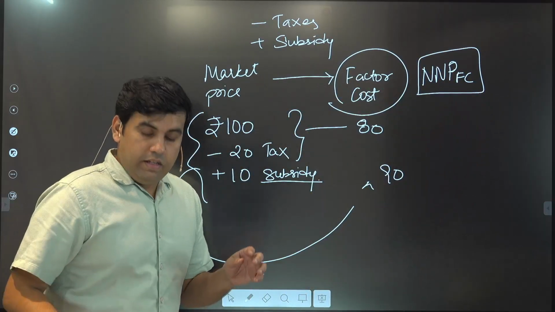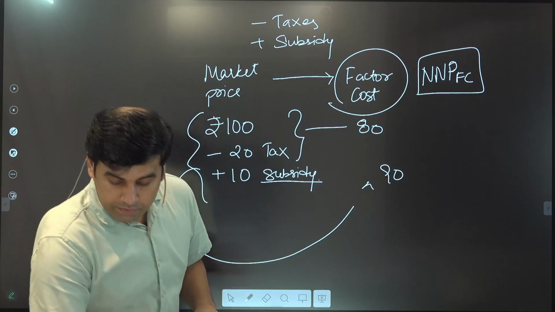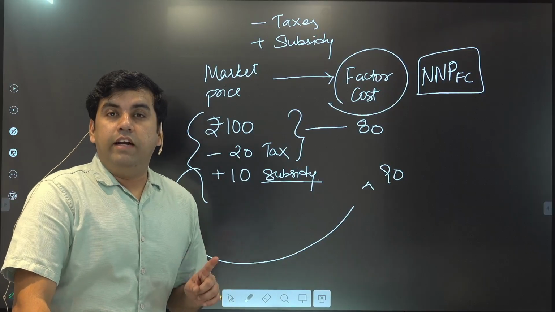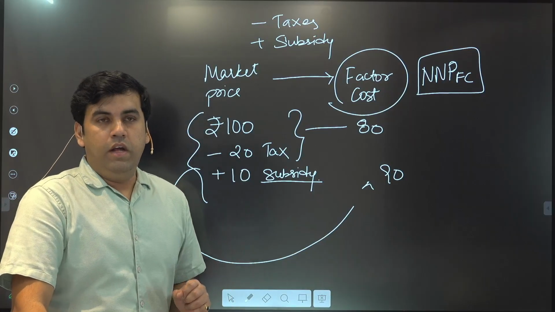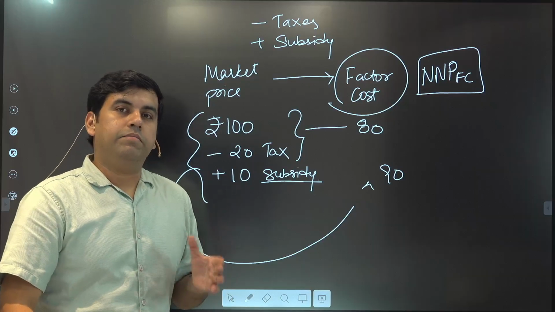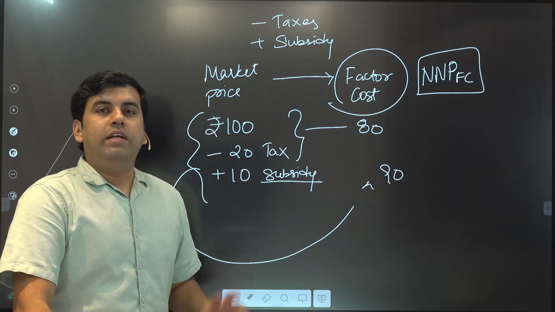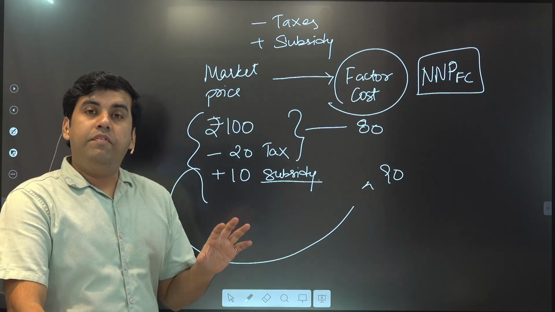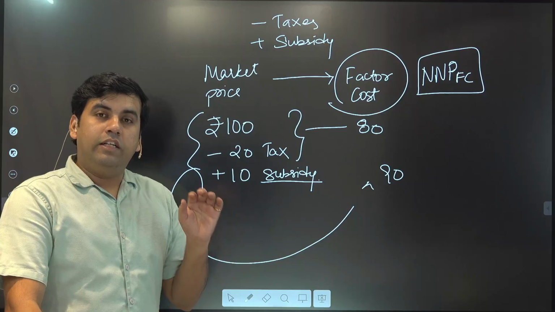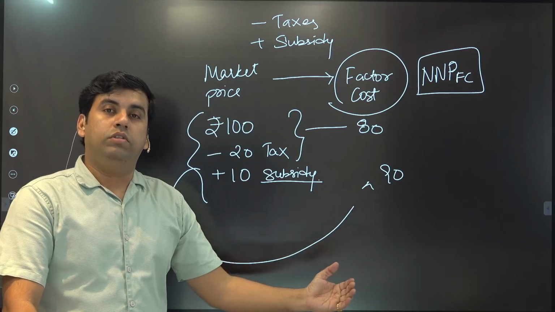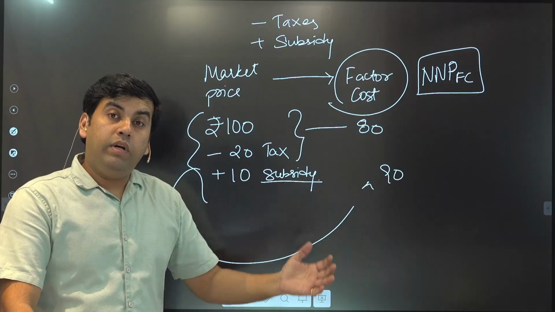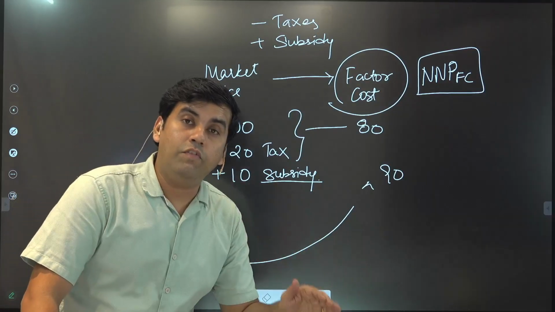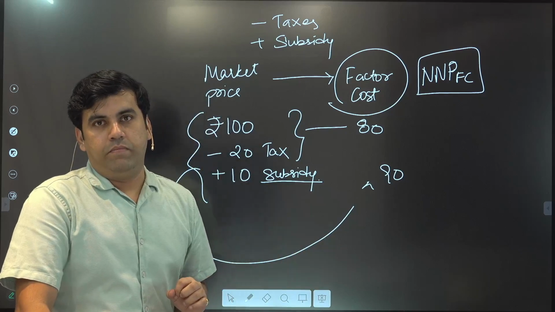But guys, there's a huge problem in this formula. Why am I saying it's a huge problem? The reason is that it will give you the wrong numbers. Every product in India does not have a subsidy, first of all, so there is a bias. Secondly, every product in India does not justify the true factor cost. Calculation of a true factor cost requires a high level of organized economy, which India is not.